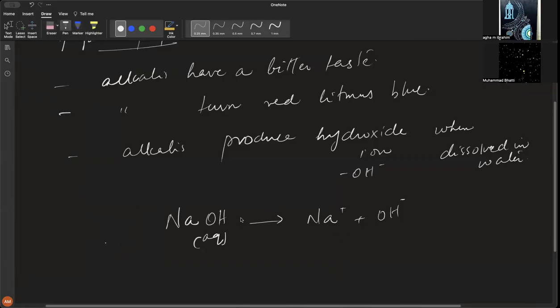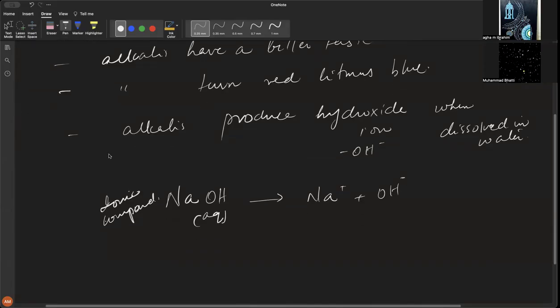Generally, it becomes powder when you evaporate. Ionic compounds, like acids, alkalis can also conduct electricity in aqueous form, because they are ionic compounds, metal and non-metal, right?